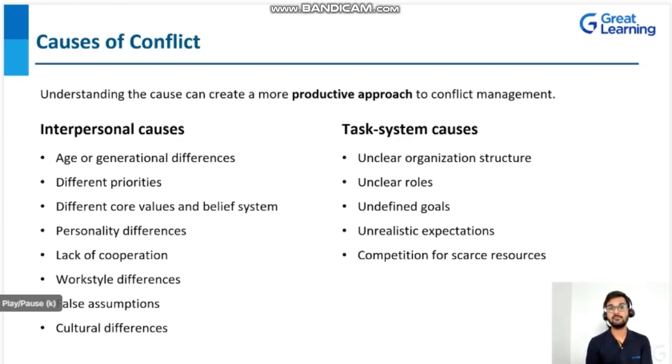If somebody gives you unrealistic expectations, you'll feel that the other person is not empathizing with you. They are not trying to understand you. That can also be a very good reason for a conflict. Then competition for scarce resources. If there is any lack of resources, that can create a feeling of competition between team members or between two groups of the same organization, and that can also be a cause for a conflict.